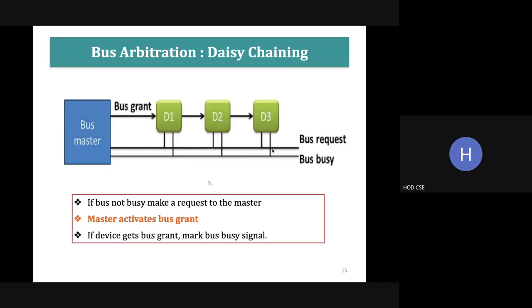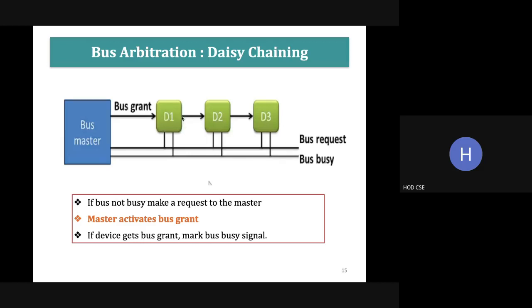So suppose we have a bus request signal from a device, let us take an example from D3, okay, bus request. So that will be indicated to the bus master here. Then the bus master will select according to the priority, and it will issue the bus grant signal here. When D1 receives this bus grant signal, it will check, and there is no request from D1.